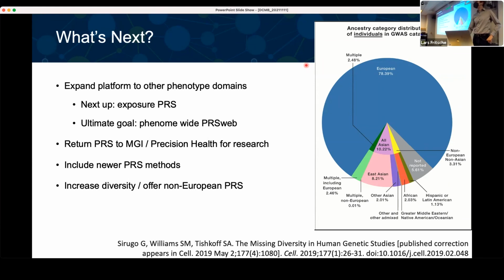But as I said, the numbers are very low right now, so we can't offer it at this stage. But precision health is increasing diversity in MGI by specifically working with other communities that have higher diversity, and to especially increase numbers for Hispanic ethnicity or for African American individuals.